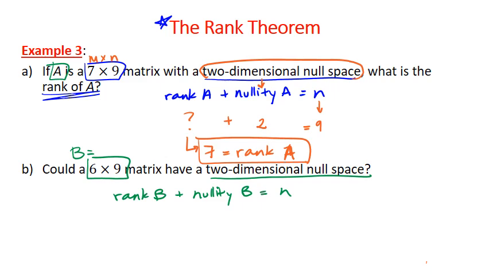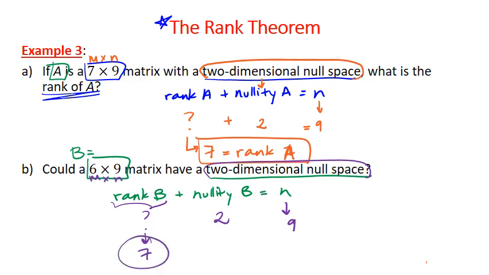Well, we have an m by n matrix, so n is 9. We want to know if it can have a two-dimensional null space, so that means this would be 2. So we need to figure out rank B. Well, rank B would have to be 7, right? Because 7 plus 2 is 9.